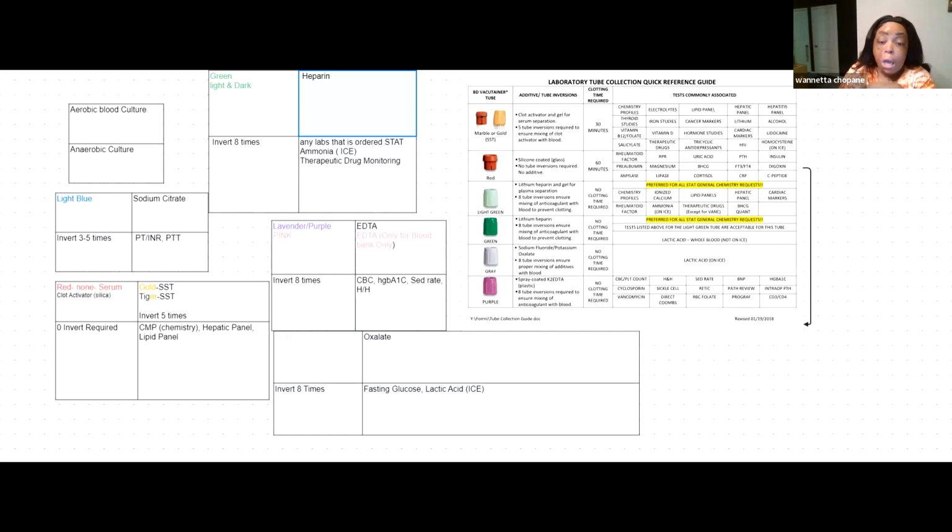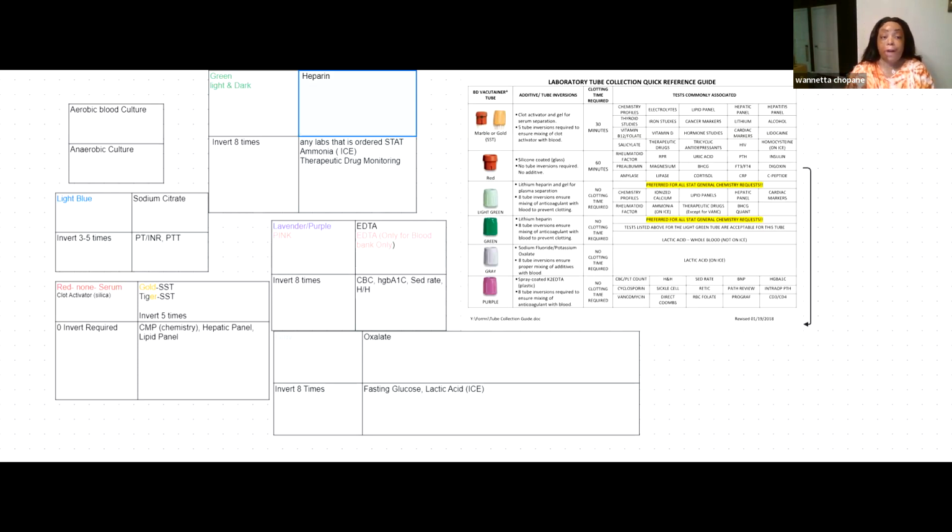The old fashioned one was dark green, and they're slowly moving away from the dark green and introducing a light green, but both are heparin tubes. Okay, as you can see, lithium heparin.